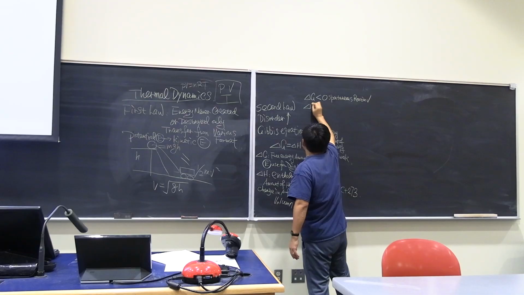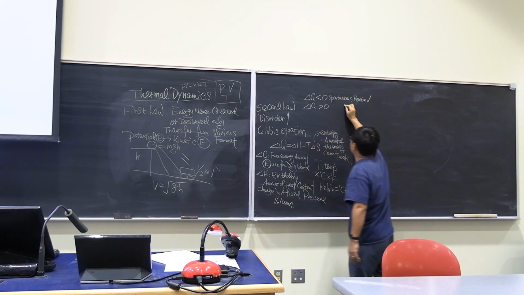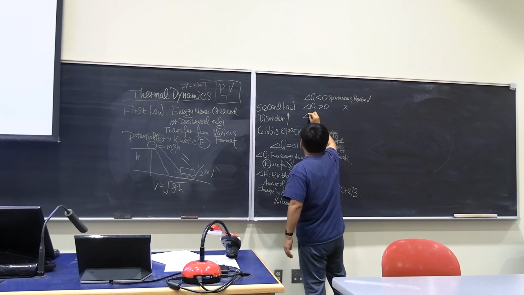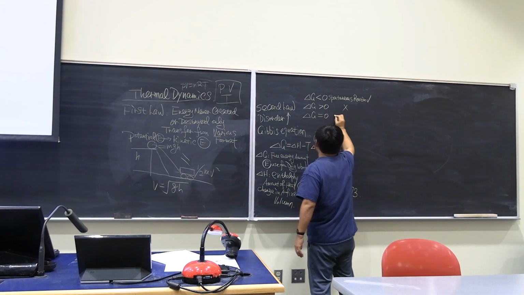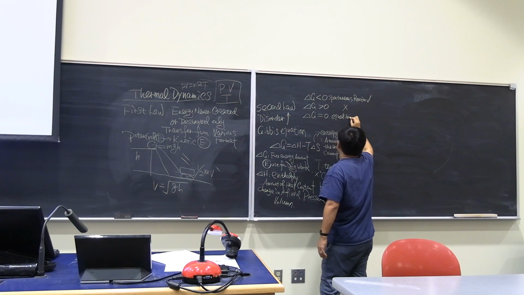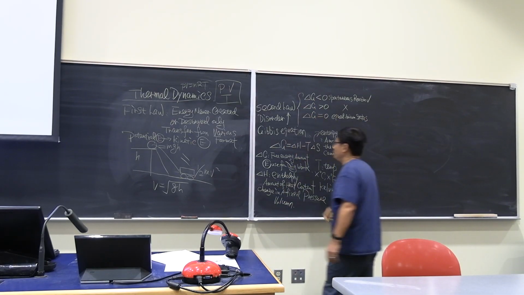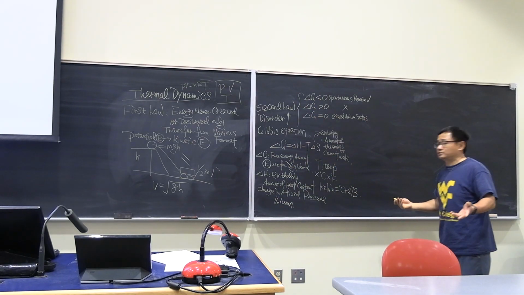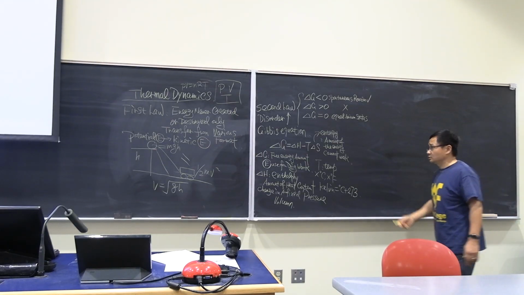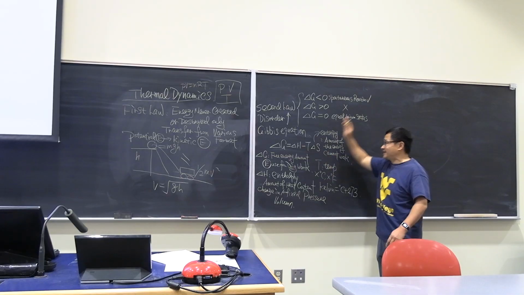If delta G is more than 0, the spontaneous reaction will not happen. If delta G equals 0, it is an equilibrium status. So you already know the conclusion. But how we get that and what that means, I want to explain to you very simply here. This is the conclusion. Every textbook has it, and that's it.